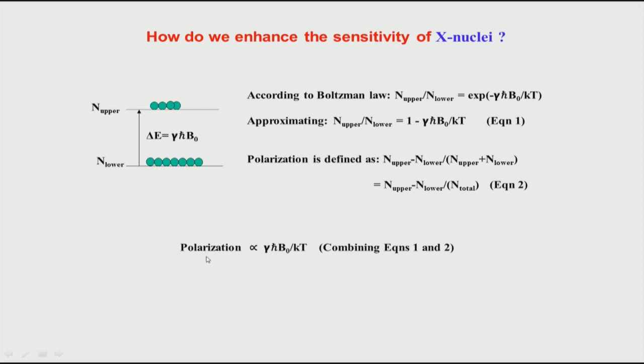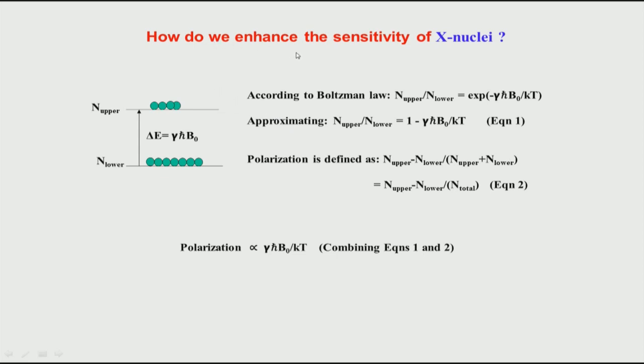What it says is that the polarization, meaning the difference in the population, is proportional to this term. So, you can see that polarization is directly proportional to gamma, directly proportional to the magnetic field, and inversely proportional to temperature. If we know that polarization is proportional to these factors, then we can do something to enhance it.